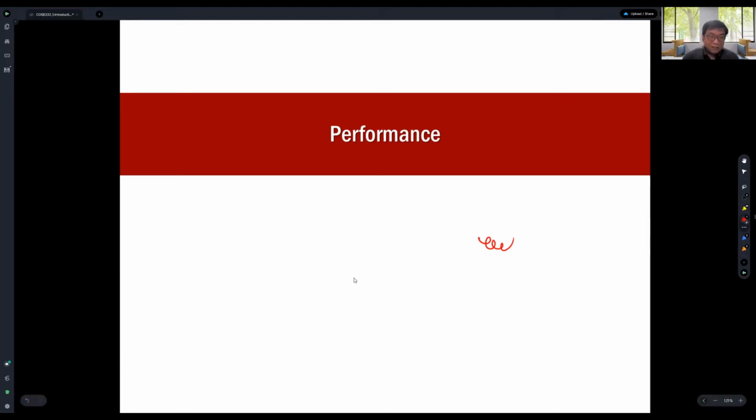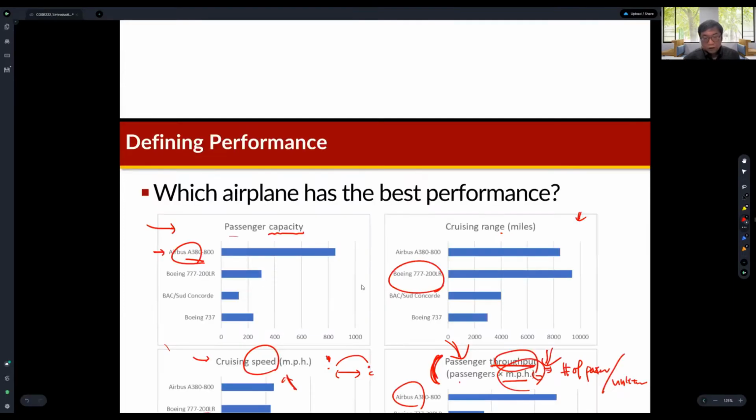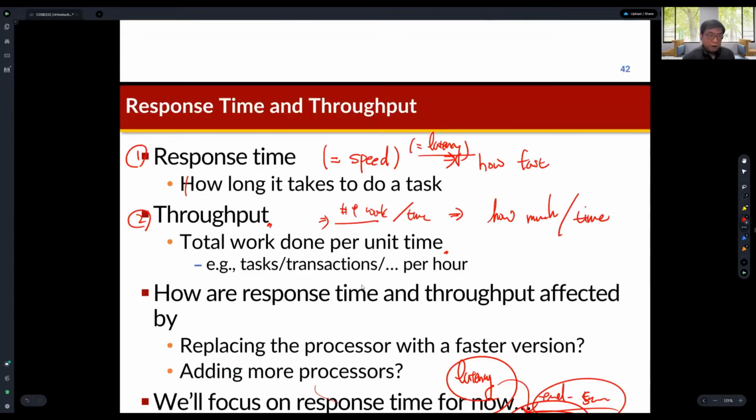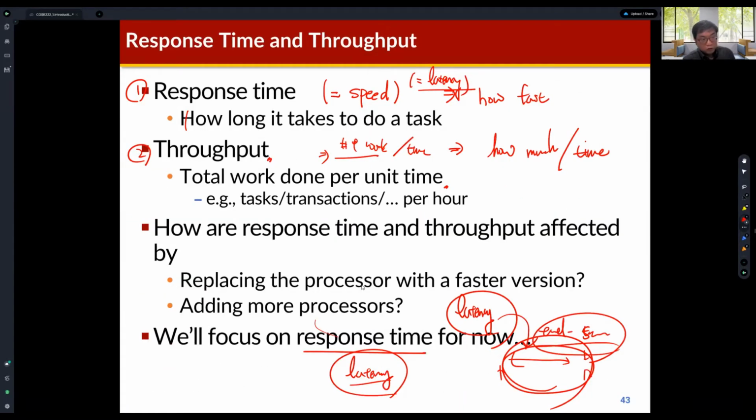In the previous class, the day 3 class, which was a recorded class, we learned about the performance of computer systems, that is, how to measure the performance of a processor or computer system. Firstly, I mentioned two different performance metrics. The first metric is response time, which means how long it takes to do a task.